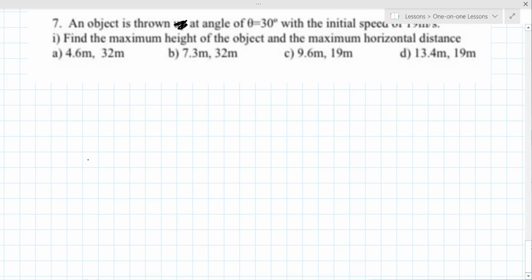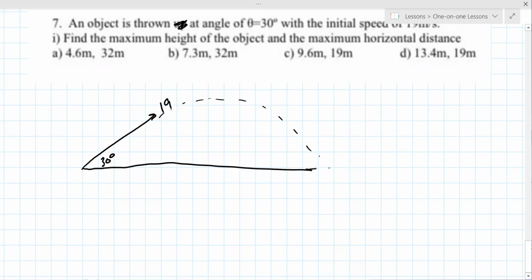So what the instructor's saying is it's an angle of 30 degrees with the horizontal, and it's got an initial speed of 19, and then it comes and hits down over here. Is that drawing consistent with the way you see it? That's reasonable, yes. All right, so it says find the maximum height of the object and the maximum horizontal distance.